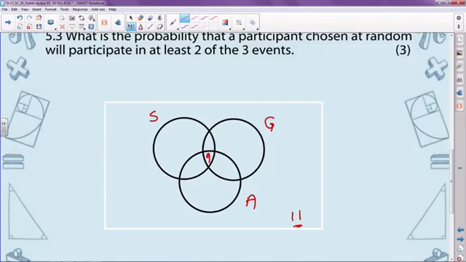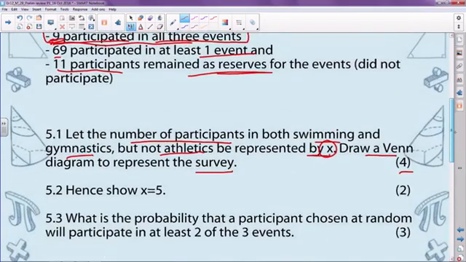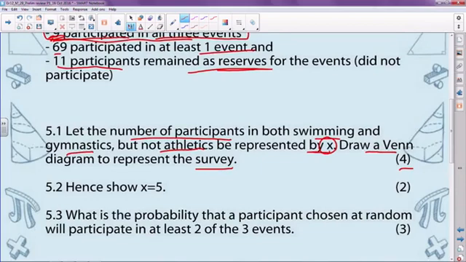All right. We then move on to the X that they gave us. They said, let the number of participants in both swimming and gymnastics, but not athletics, be represented by X. So what are they saying here? They're saying the intersection of swimming and gymnastics is X. That's really what they're saying to you.